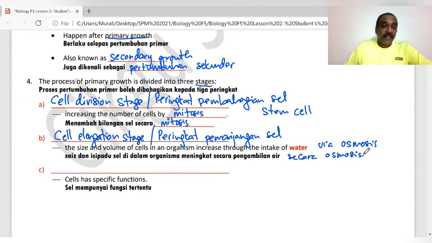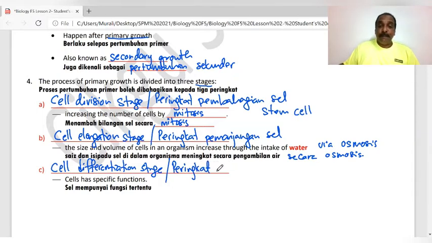Dan peringkat yang terakhir ialah cell differentiation stage atau zone. Iaitu peringkat pengkhususan sel.